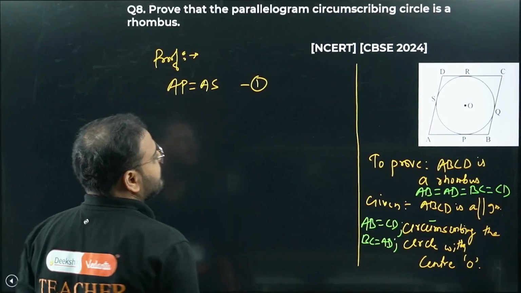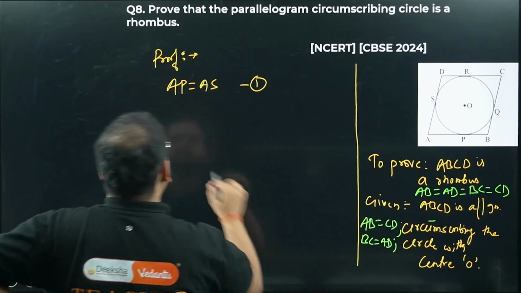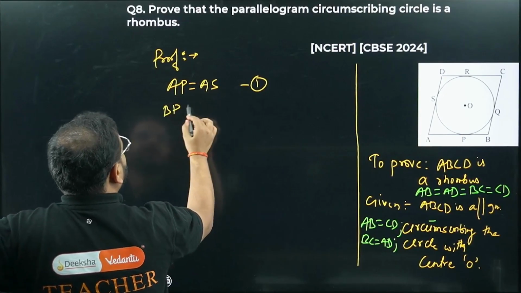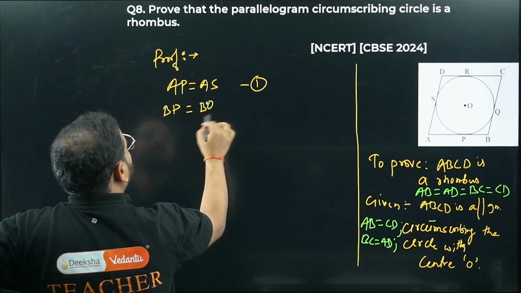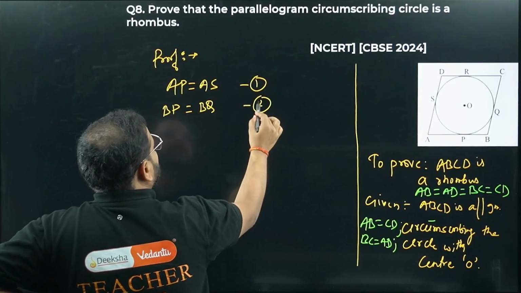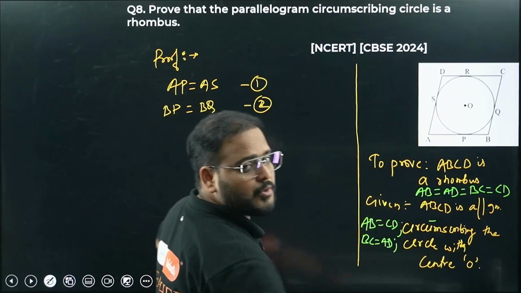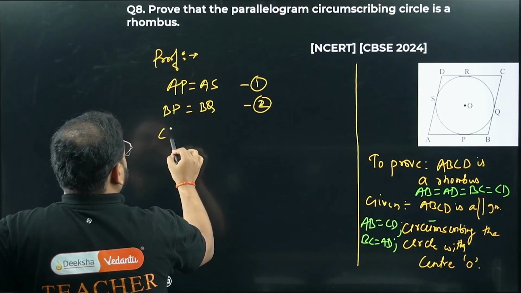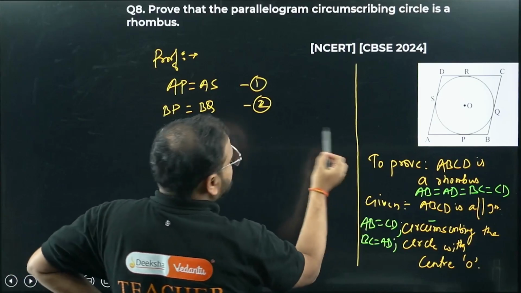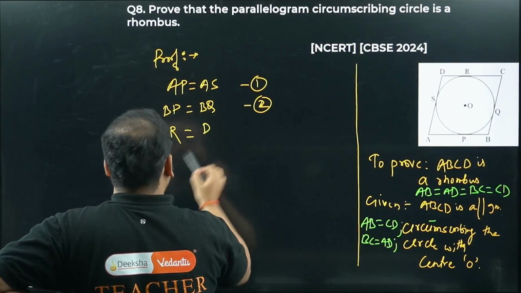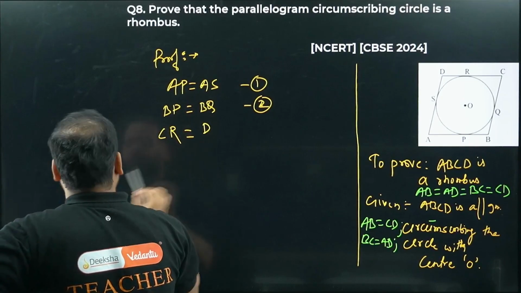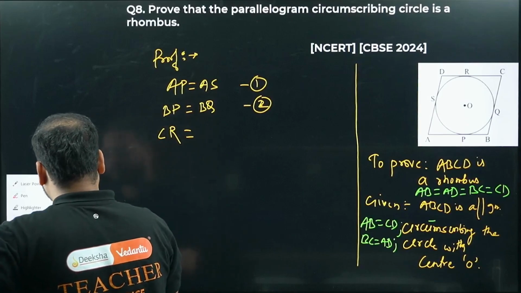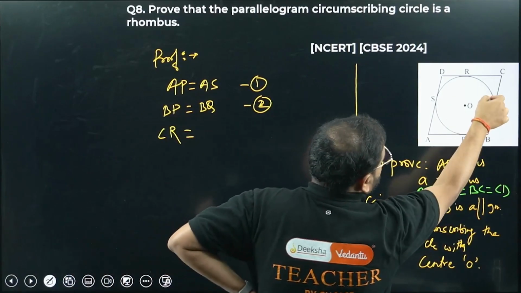Same way I can write BP equals BQ. From the point B, if we draw the tangents, I'm getting BP and BQ, they are equal. Same way I can write CR equals CQ.